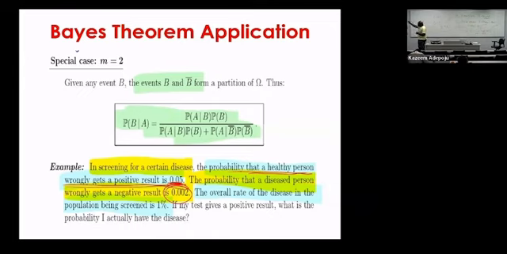The probability of a diseased person wrongly getting a negative result. A diseased person is B, getting a negative result is A bar. That is A bar given B. Does that make sense now?